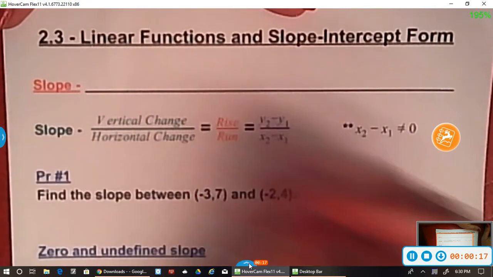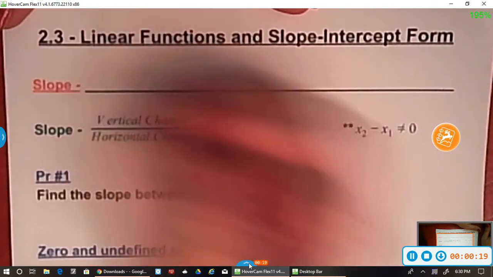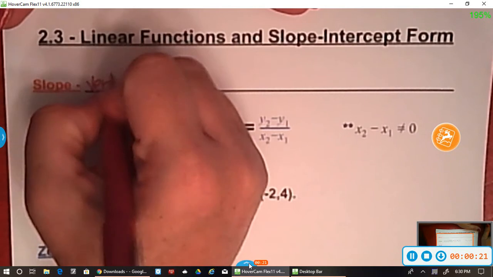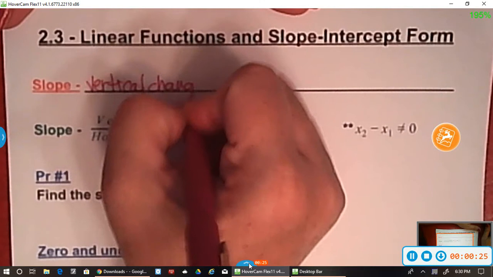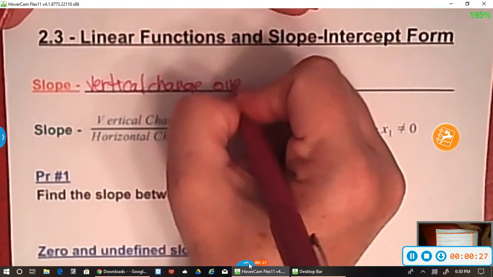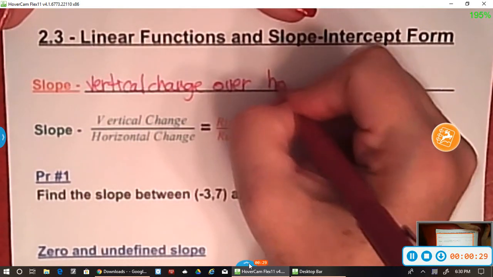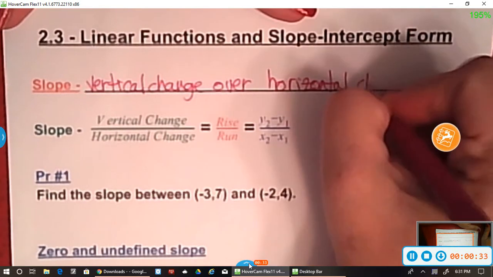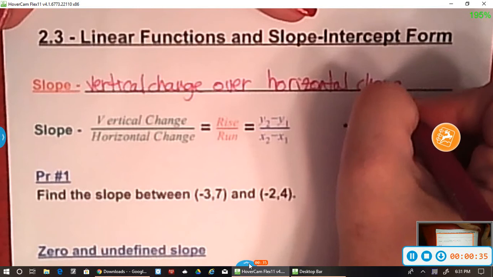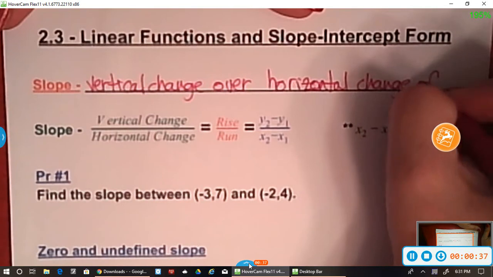Okay, slope is the vertical change over the horizontal change. And this is of a line.